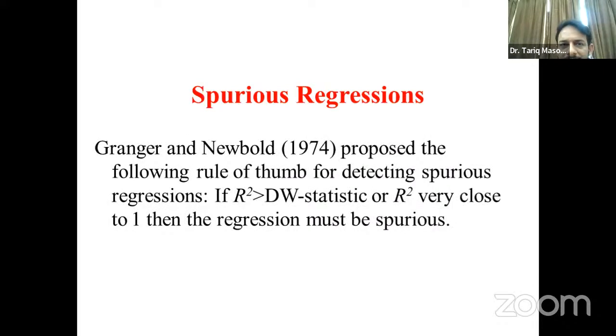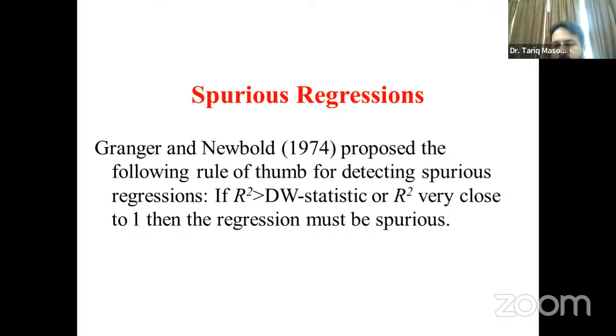So on the basis of their experiment, they proposed the following rule of thumb: if the value of R square is greater than the Durbin-Watson statistic, or R square is very close to 1, then the regression must be spurious when we are dealing with time series data.